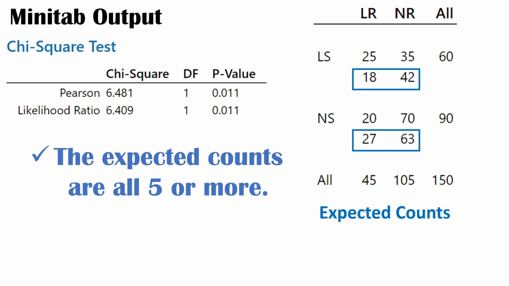The more data you have, the bigger the sample size, in general, the better that approximation. But it's just important to remember that when we say that the test statistic follows the chi-square distribution, that is still an approximation. And that approximation is no good if any of the expected counts are less than 5.